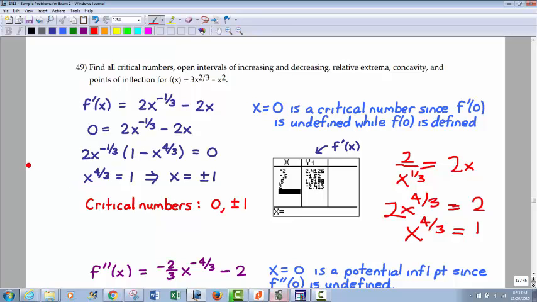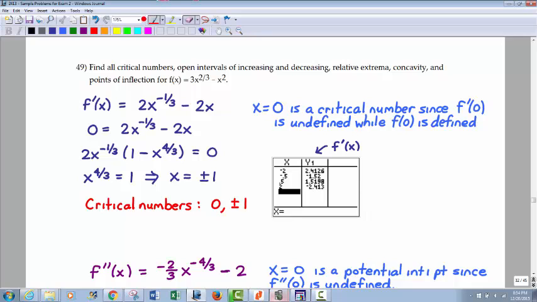Now, one thing I didn't show here: these fractional exponents can be a little tricky. This actually has two answers, plus and minus 1. The way you would want to actually solve this, all right, let me erase this and start a new mess over here. I have x to the 4/3 equals 1.